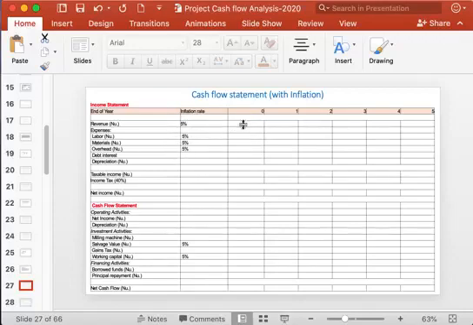You just need to account for the inflation every year and calculate the income statement and cash flow. In the case of the cash flow statement, it will affect the salvage value. It will increase the salvage value by 5% and working capital also by 5%. The rest of the components will not be affected.